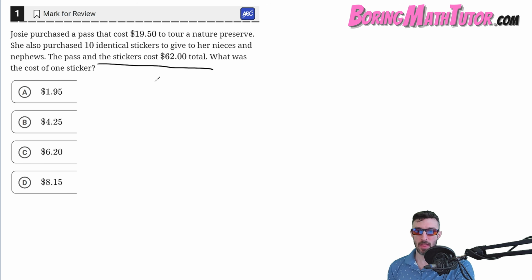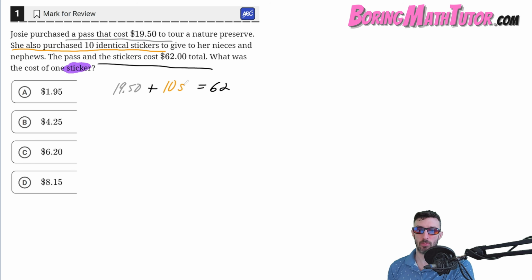So if everything is adding up to 62, well, she purchased that pass for $19.50, but then she also purchased 10 stickers. I'm going to call that 10S. And what do they want to know?